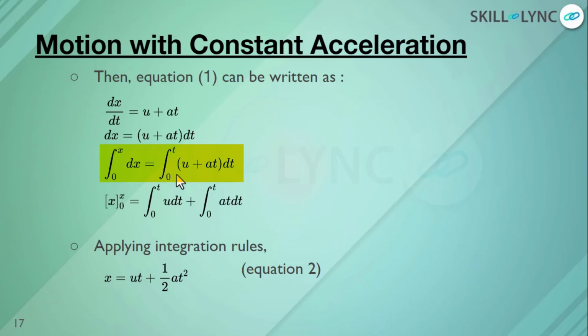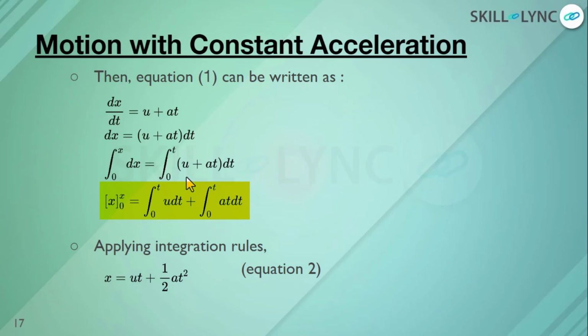But as the ball moves forward, at time t, the distance traveled by the ball is x. Applying integration rules, we can write x in the big bracket with limits 0 to x is equal to u dt and at dt.